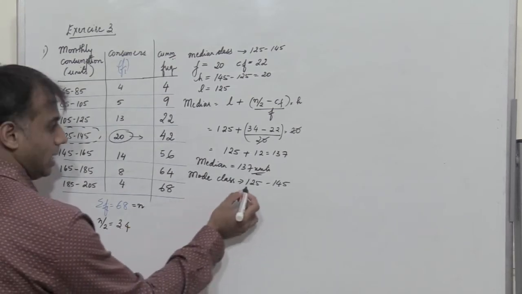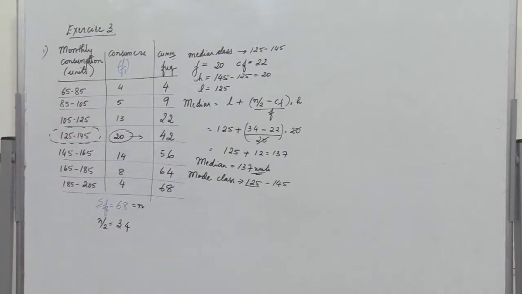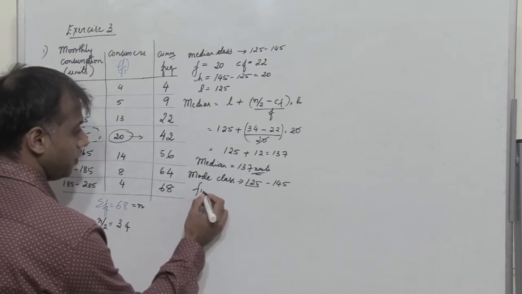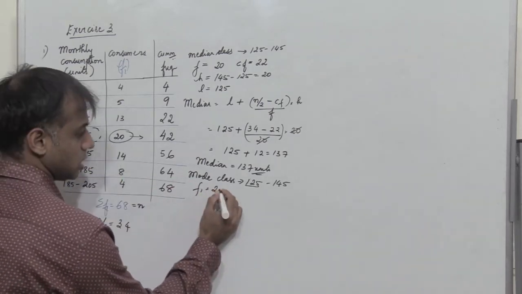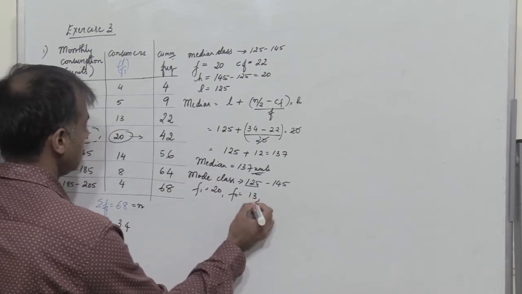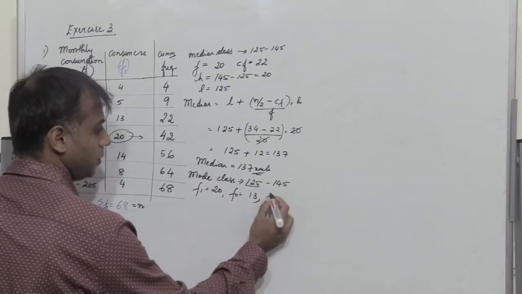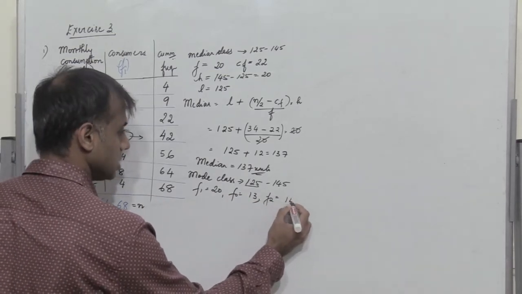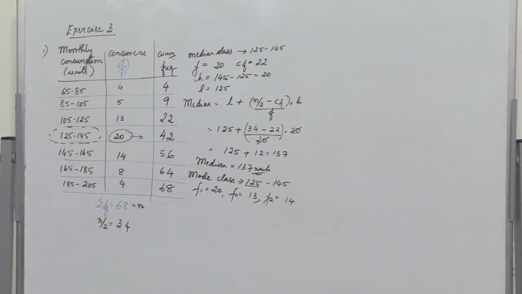I need L. L is again 125. I need to calculate f1, f0 and f2. f1 is the frequency of the mode class which is 20. f0 is the frequency of the previous class which is 30. And f2 is the frequency of the succeeding class which is 14. And also h is 20.